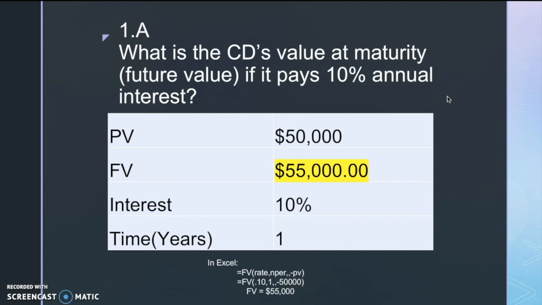Make sure when you're doing this function that you make the present value a negative because that will give you a positive answer. So if it pays 10% annual interest, then our future value will be $55,000.